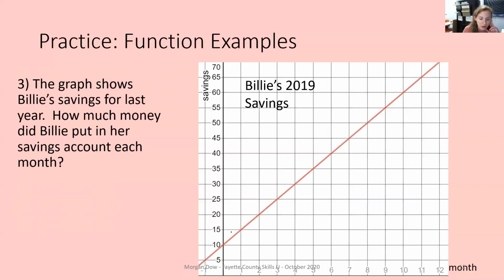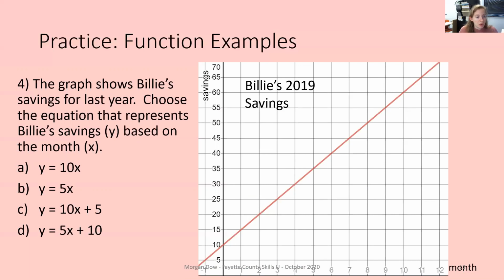So to me, it looks like each month she is going up by $5. Right? Each month she's increasing her savings by $5. So she is putting $5 into her account each month. She starts with 10 and then she adds on 5 each month.